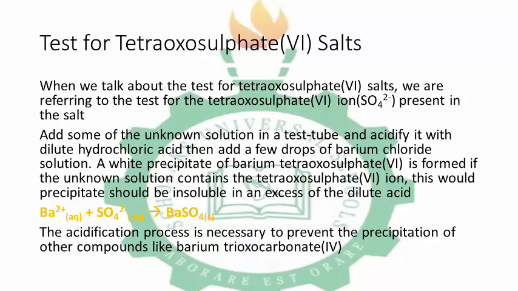Now please take note that if the white precipitate dissolves when you add the excess acid, then the salt is not a tetraoxosulphate(VI) salt, but instead it is a trioxosulphate(IV) salt. Trioxosulphate(IV) salts have SO3 2 minus as the ion present in the salt.